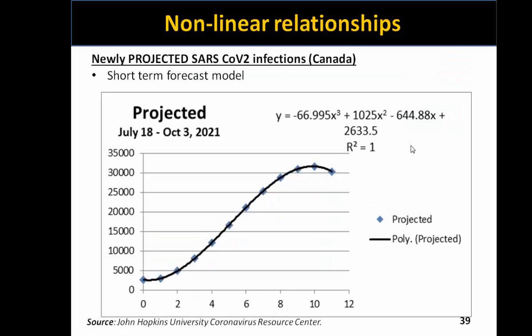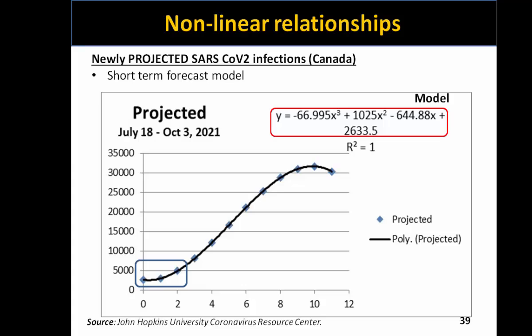Now, what we're seeing here is the same model that is used as a short term forecast model. So these are the same coefficients that were generated on September 6th, and the question that we're going to ask here is, can we use this model to predict what's going to happen after September 6th based upon the data that has accumulated up to September 6th.